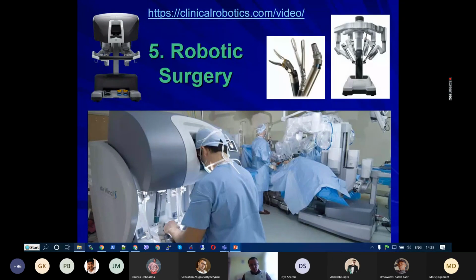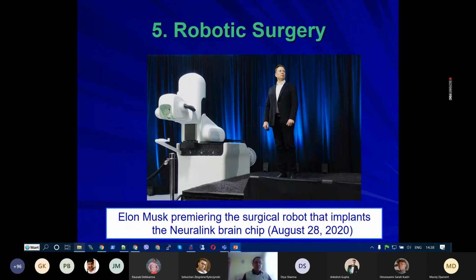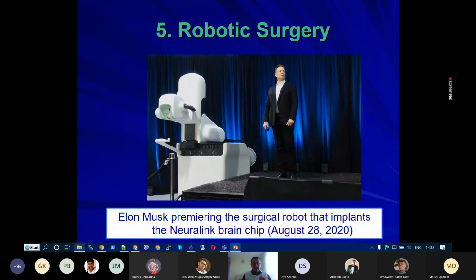Okay, and to complete this, I still can't pass aside the presentation last year when Elon Musk premiered a special surgical robot to implant his so-called Neuralink brain chip.